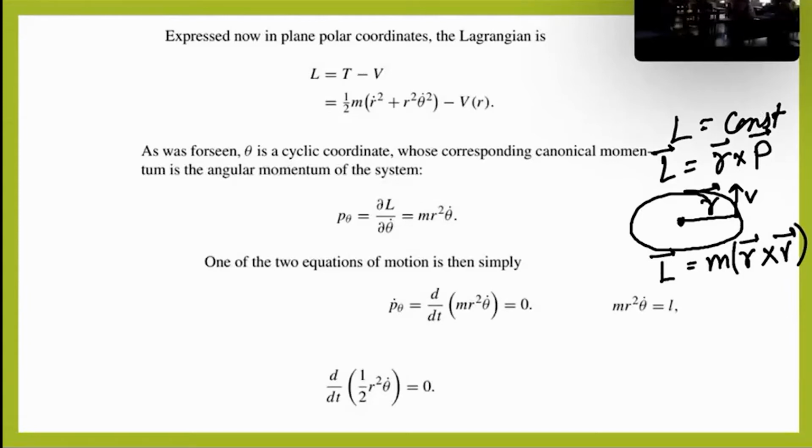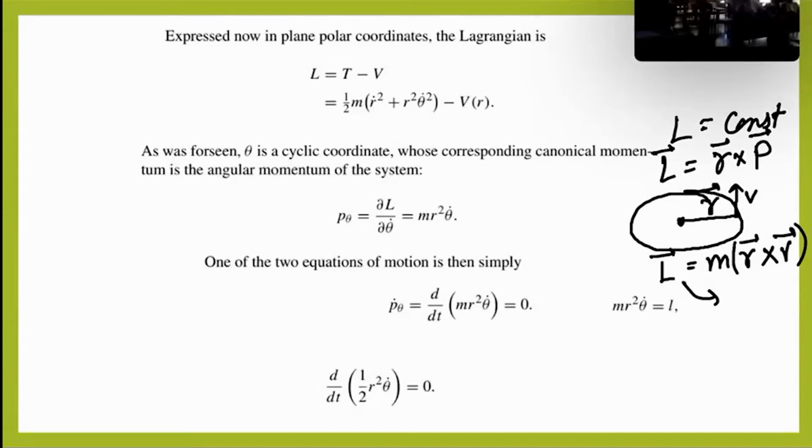L can only be constant when your motion is planar. Both lie in the same plane. So this was about the properties: your angular momentum is conserved, and the motion is planar.